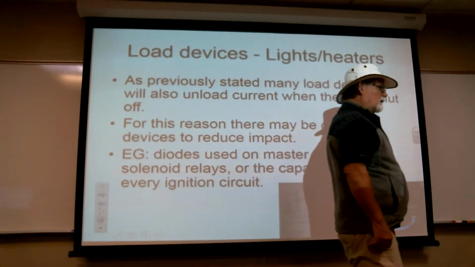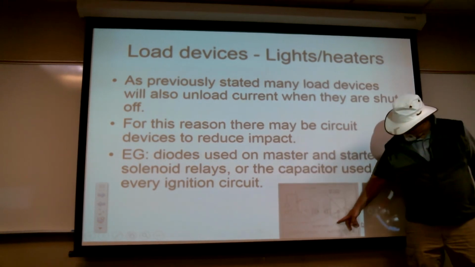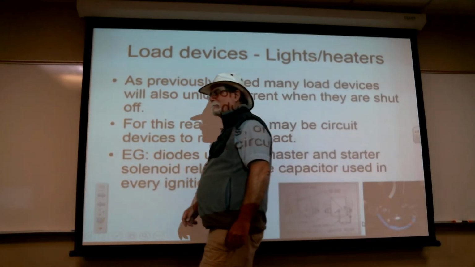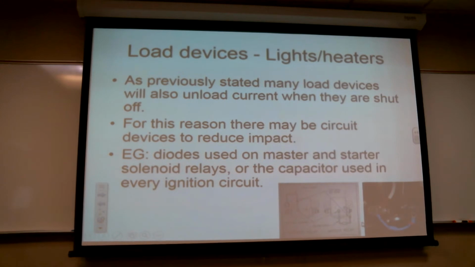It's not going to last very long. So oftentimes we'll put a little diode in line somewhere or a resistor to try and address that collapse, that desire for the current to keep going and arc the switch. We want to prevent it from arcing the switch.